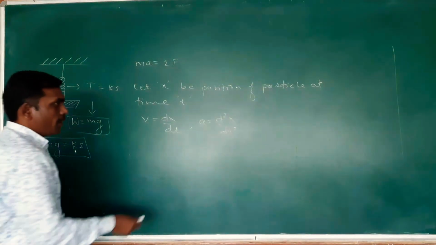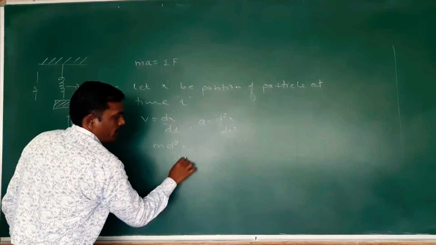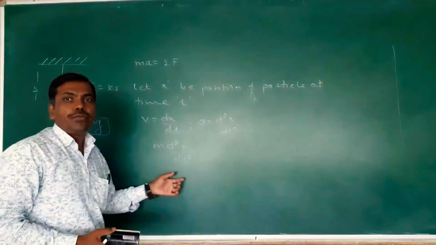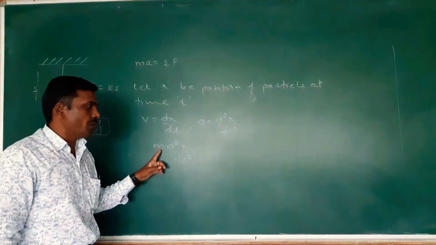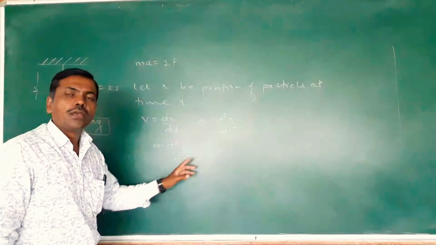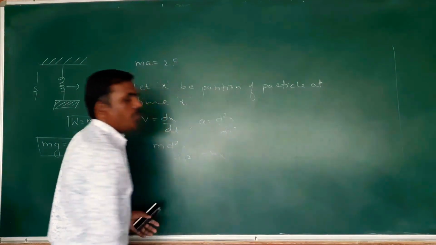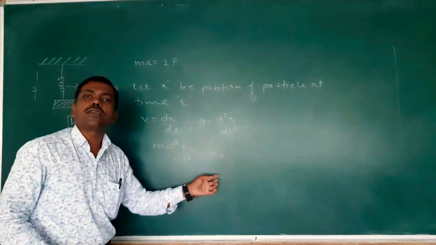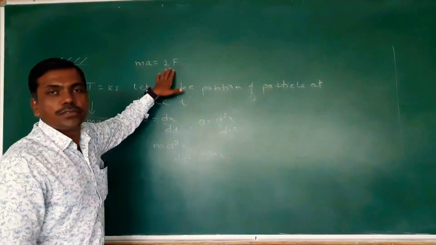Now I get mass into acceleration, m d2x by dt square, or you may write m dv by dt, no problem. But for the mass spring system we take the equation m d2x by dt square is equal to minus kx. Now the question is how this minus kx comes, because I have written summation here.